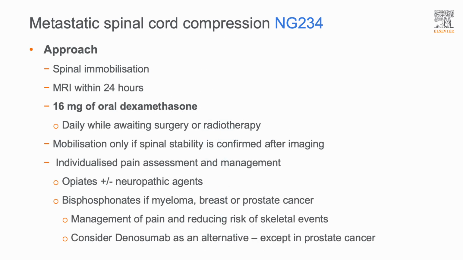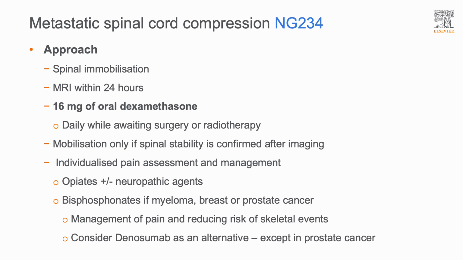Management of metastatic spinal cord compression involves urgent spinal immobilization and a whole spine MRI within 24 hours. 16 milligrams of oral dexamethasone should be given to reduce edema while awaiting surgery or radiotherapy. Mobilization should only be allowed if there is spinal stability confirmed after imaging. This can be before or after surgery.